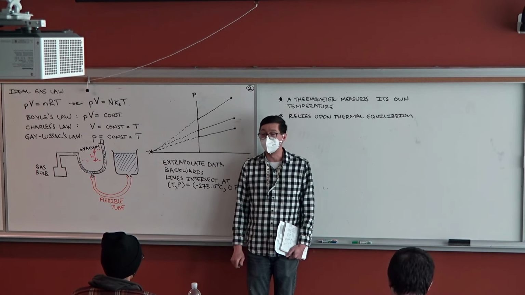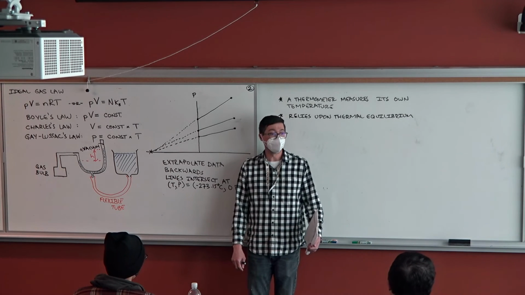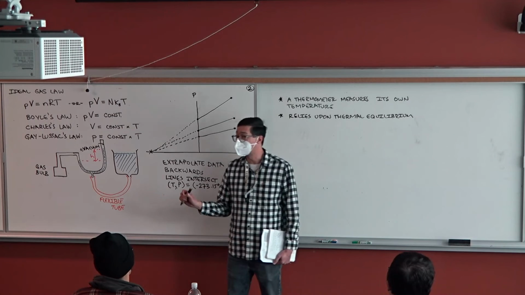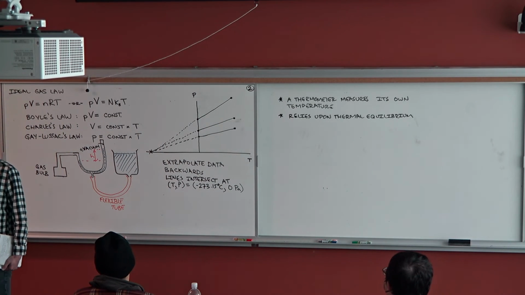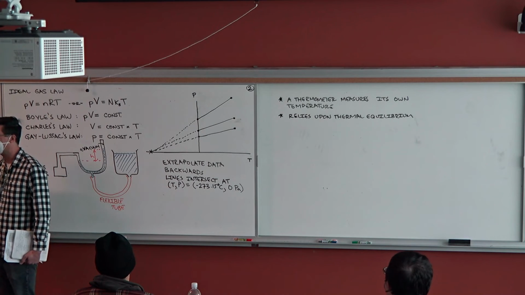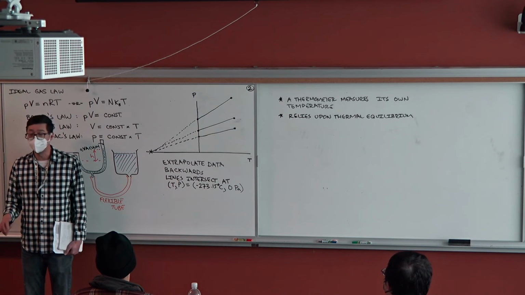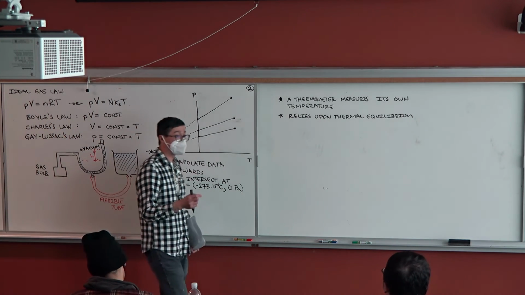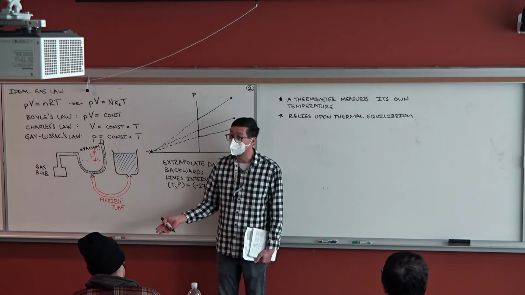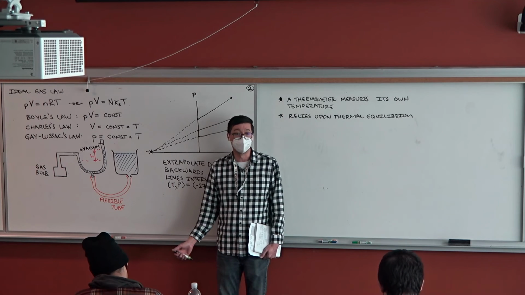Very, very little, right? So if you put a thermometer in thermal contact with something else, you want it to very readily move towards the temperature of the other thing, right? You want it to have very, very little resistance, as little as possible. You don't want to change the temperature of the thing that you're trying to measure, right?